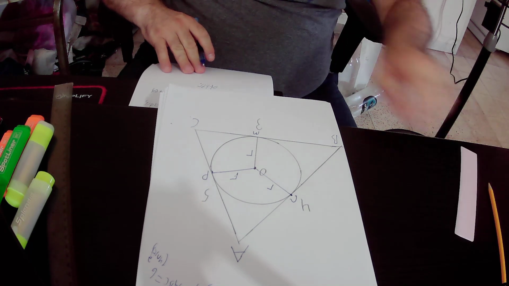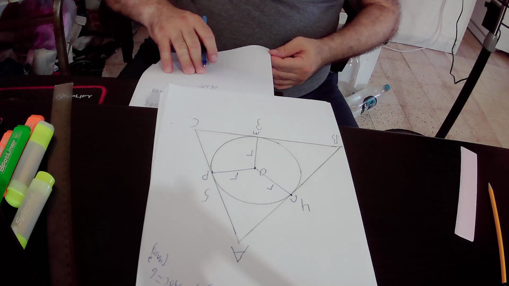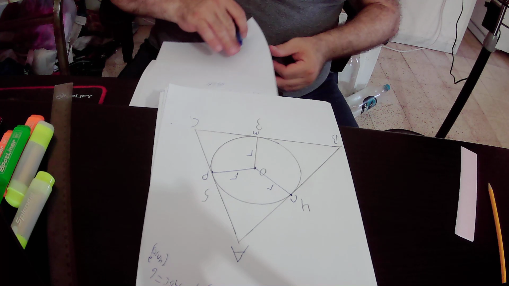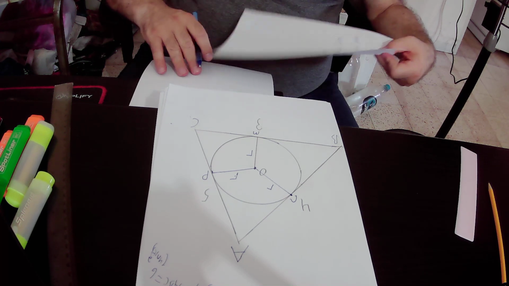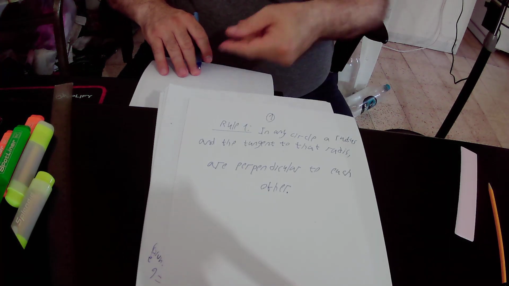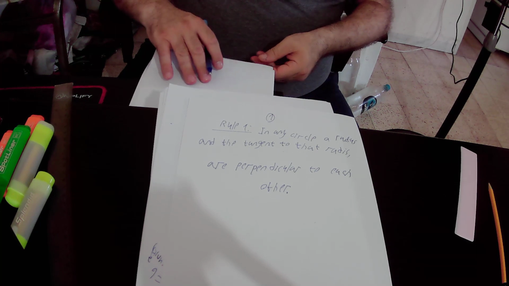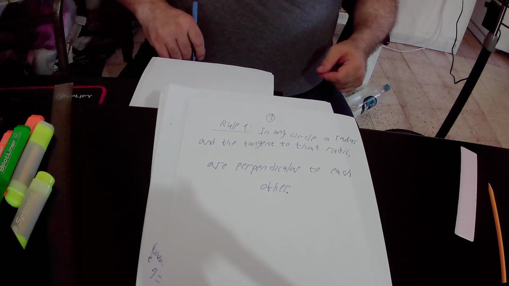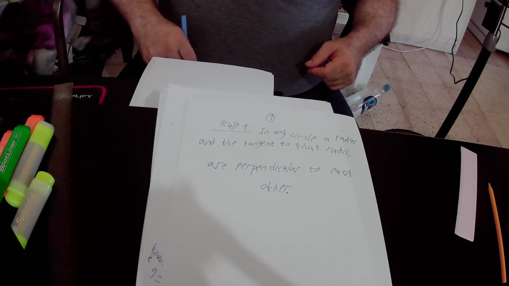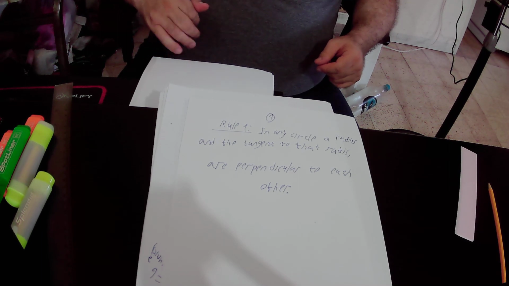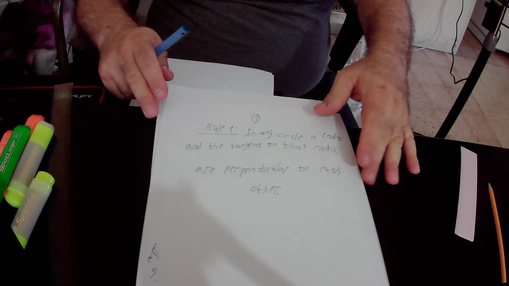So I will read rule number 1 again. Rule number 1 states that in any circle, a radius and the tangent to that radius are perpendicular to each other.